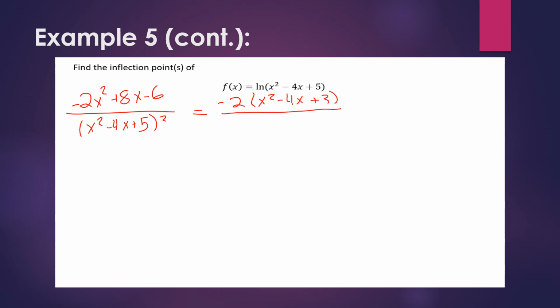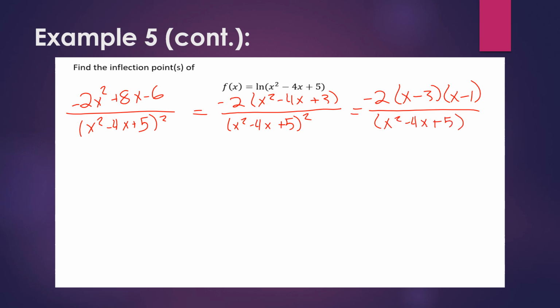And in the bottom, I still have (x squared minus 4x plus 5) squared. And now x squared minus 4x plus 3 does factor. So this is going to be negative 2, and the factors are negative 3 and negative 1. So (x minus 3)(x minus 1) over (x squared minus 4x plus 5) squared.